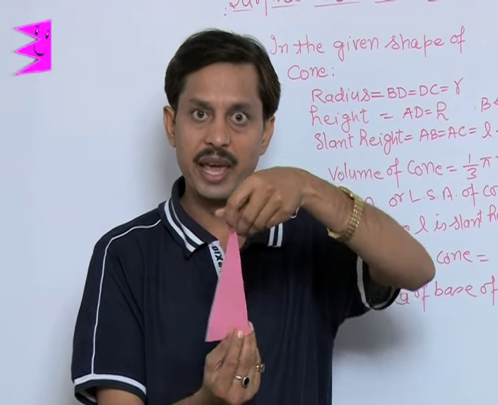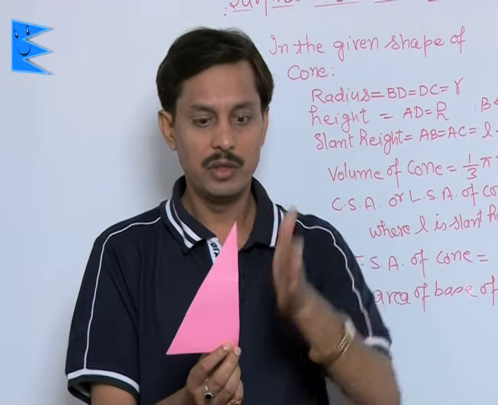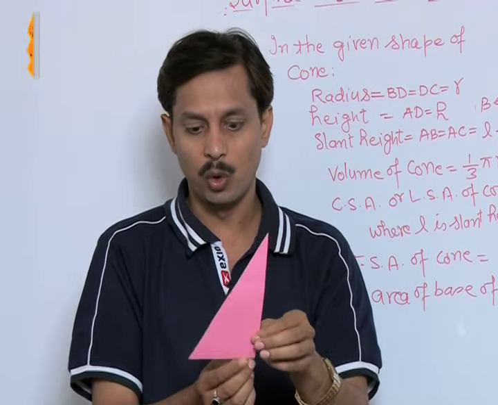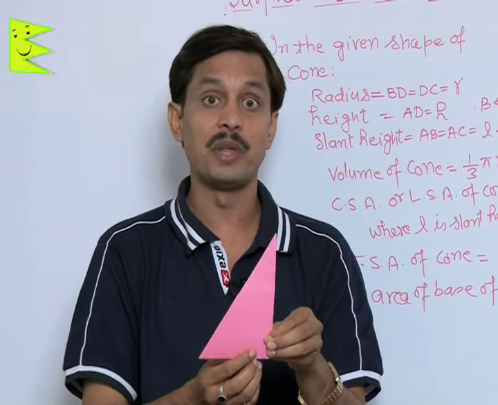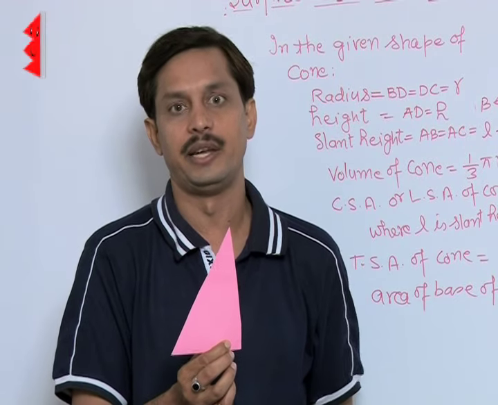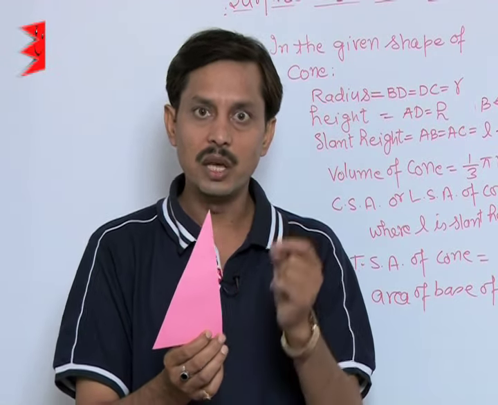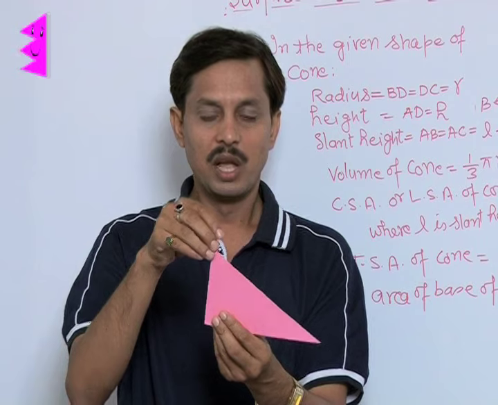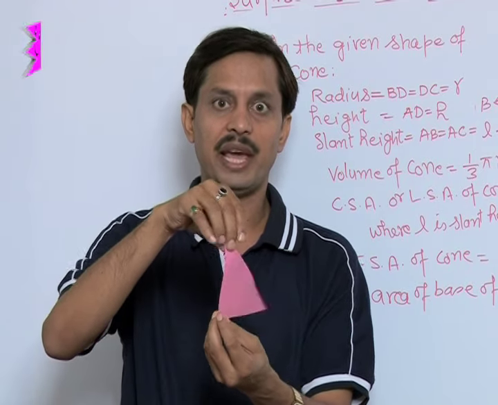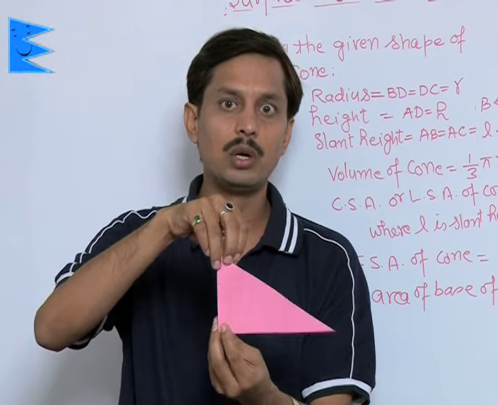So in this case, what cone will form? The perpendicular will be the height of the cone and the base will be the radius of the cone, and the hypotenuse of the right angle triangle will be its slant height. In case you want to rotate by keeping its base fixed, rotating it like this, then again the amount of space used in the rotation of this right angle triangle about its base, the figure so formed will also be a cone.